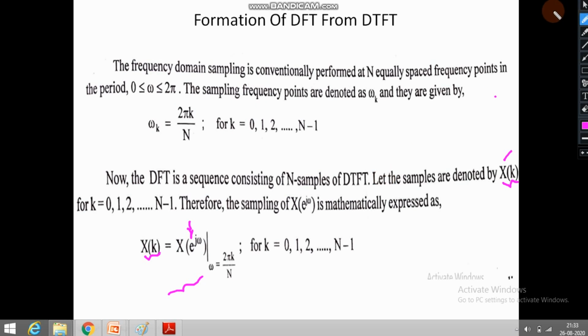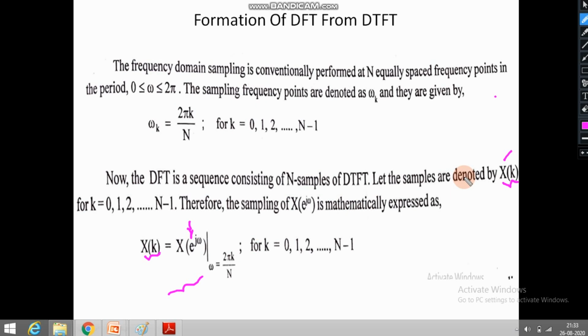So by replacing ω equal to 2π/N into k in the equation of the DTFT, we will get the equation of the DFT.